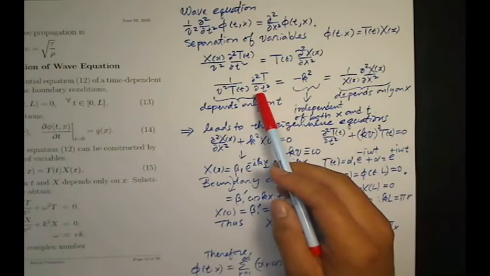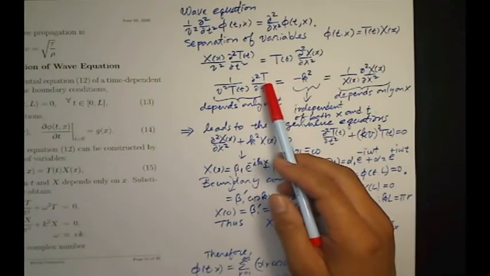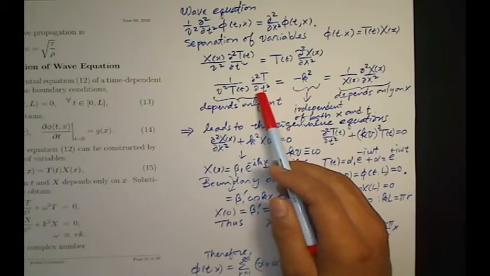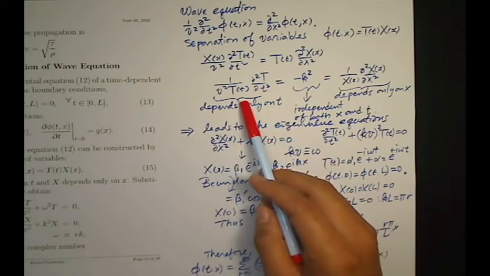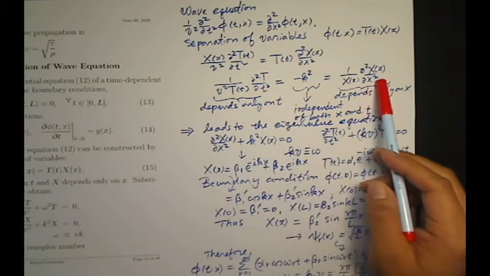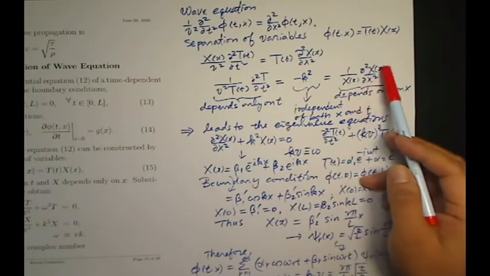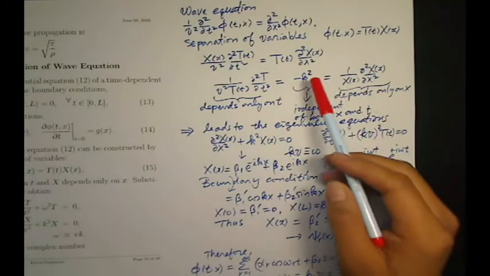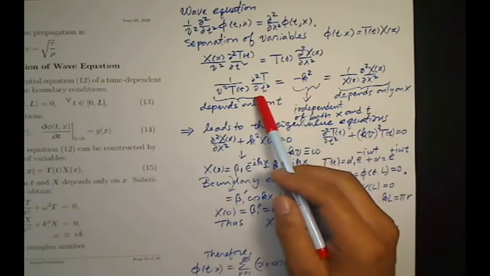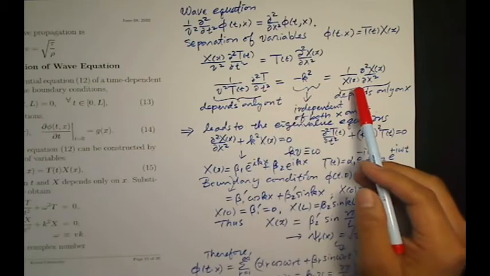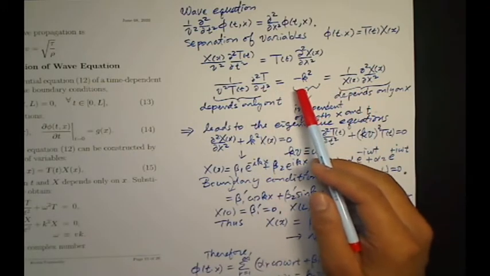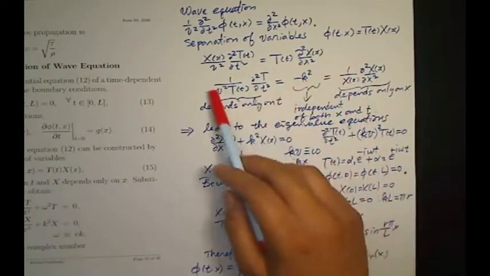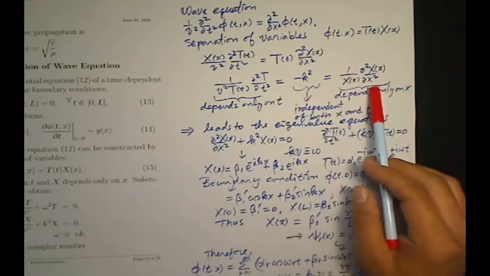Although T has time dependence, all of the time dependence cancels by dividing this derivative by the function of T, and the X dependence also cancels in this ratio. Therefore, this number is independent of both X and T, and it results in two equations of motion for T and X separately.